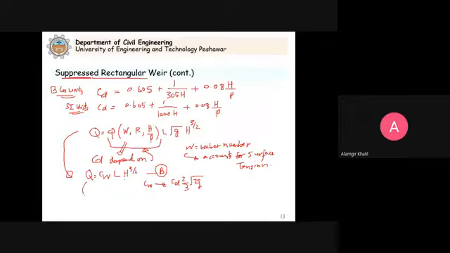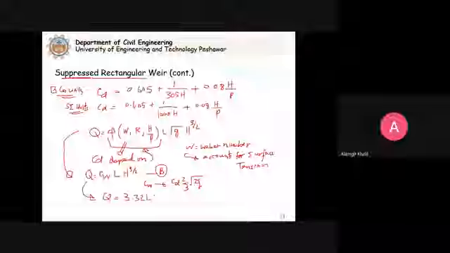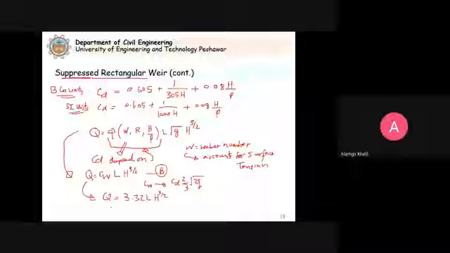So the idea here is that we can write this equation very easily as Q is equal to 3.32 times L H to the 3 by 2, and Q is equal to 1.83 times L H to the 3 by 2.